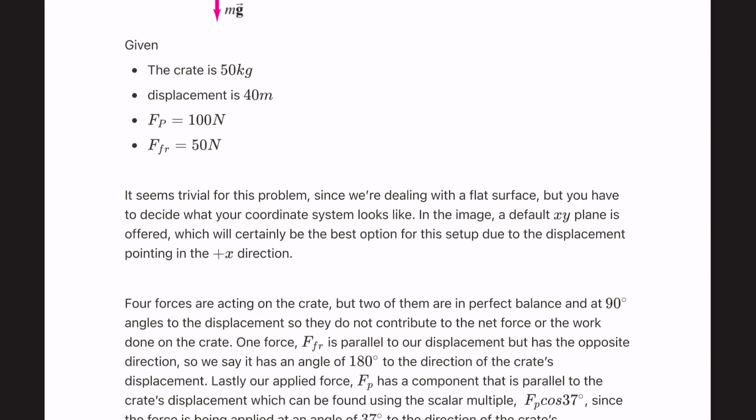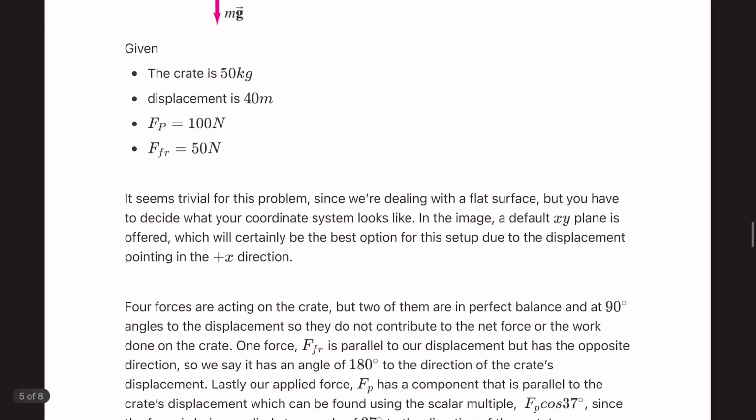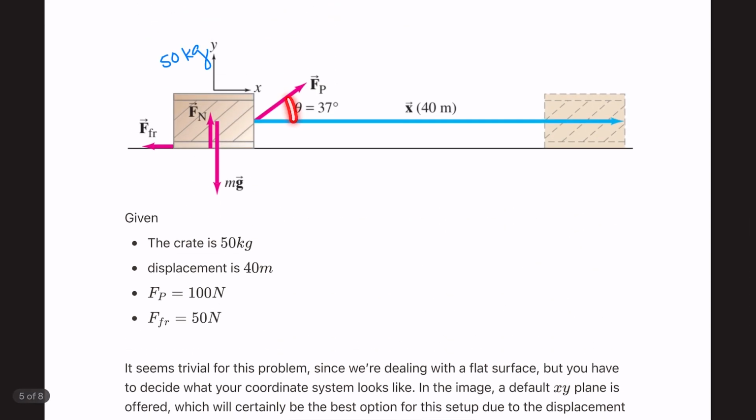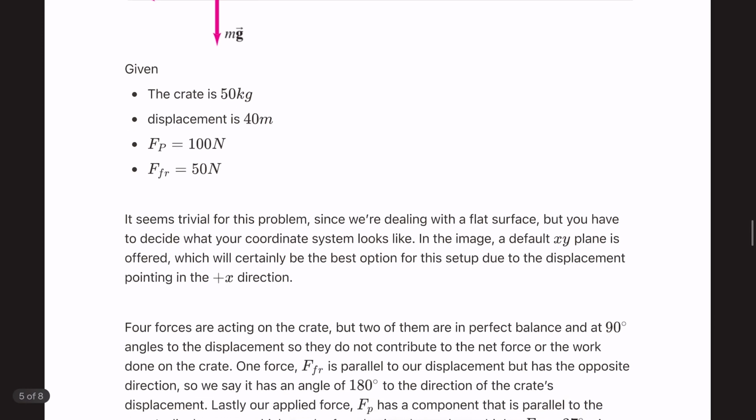So we say it has an angle of 180 degrees to the direction of the crate's displacement, causing it to point in the opposite direction. Lastly, our applied force Fp has a component that is parallel to the crate's displacement, which, as we discussed before, can be found using the scalar multiple Fp times cosine 37 degrees, since that is the angle of the applied force with respect to the displacement.